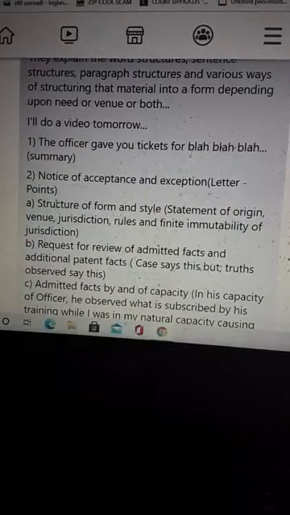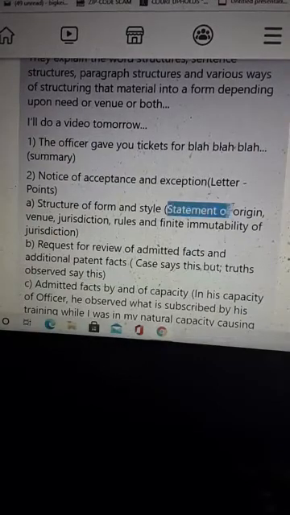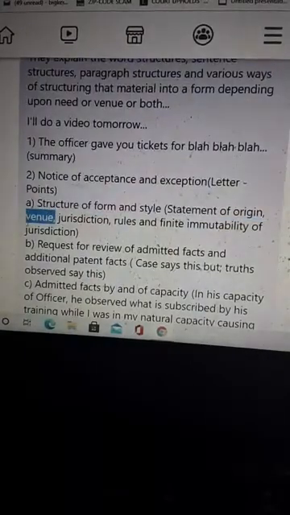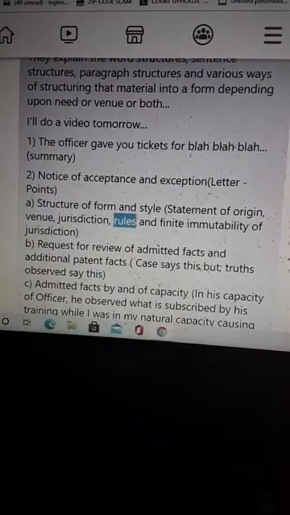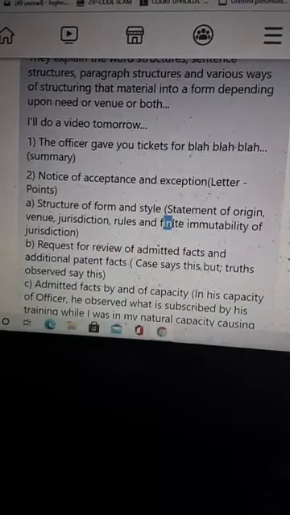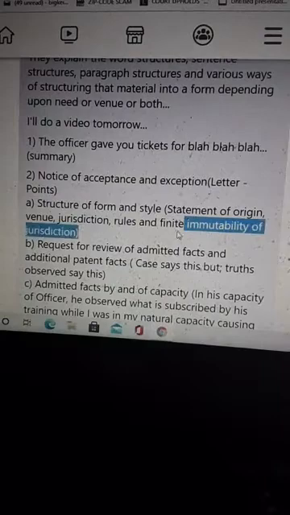It's going to show that your structure and form and style is paramount, superior, by a statement of origin, proving your venue of your body that gives you jurisdiction to follow the rules that are already fine and can no longer be defined. As it is written, so shall it be. What is done is what ought to be done. And that is immutable of that jurisdiction.